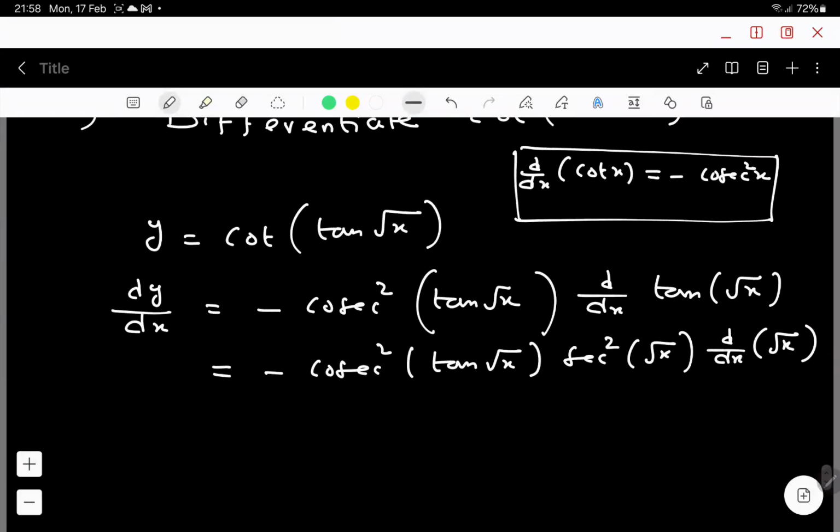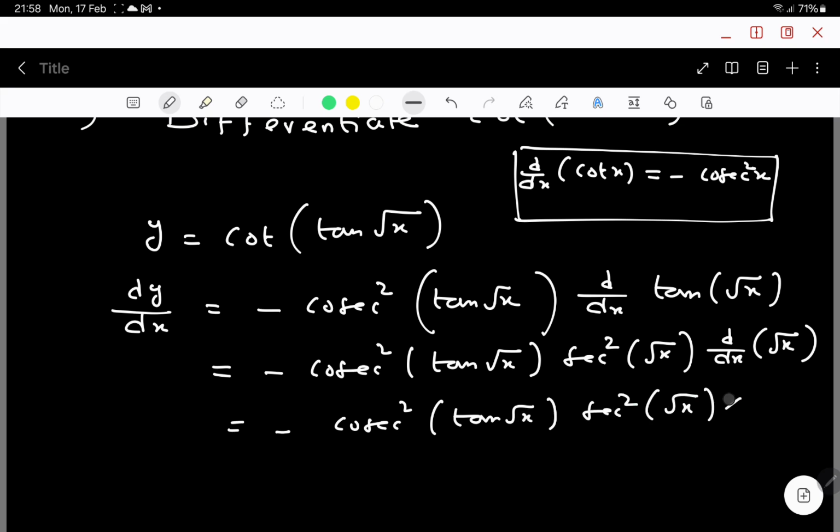We know d by dx of root x is 1 by 2 root x. That's all. Minus cosecant square tan root x, secant square root x into 1 by 2 root x. That's all.